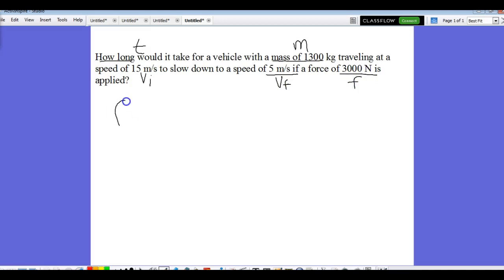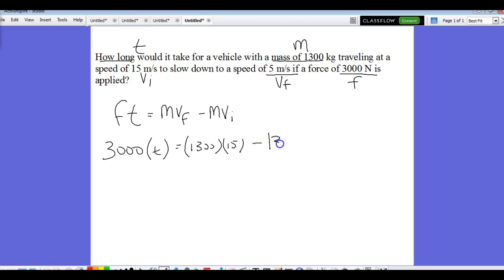So then we use our equation, Ft equals mv final minus mass, velocity initial. Plug everything in, we know we have 3,000 newtons times time, and then we have a mass of 1,300, and velocity initial is 15, and we're going to do the same thing on this side. 1,300 is the mass, and then it's going to be velocity initial is 15.